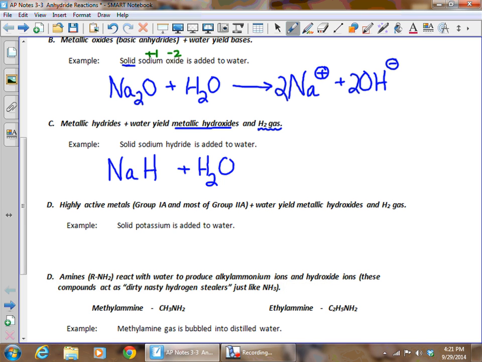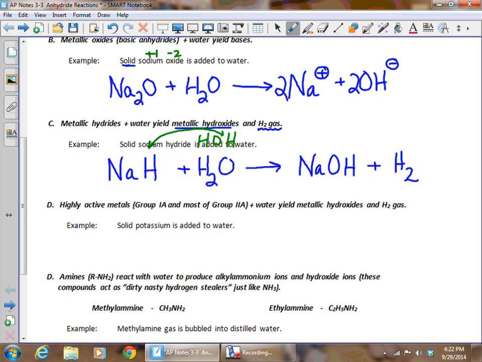Now, again, it's often advantageous to think of this as being HOH, because if you do, you can think of this a little bit like a double replacement reaction where the hydrogen and hydroxide are switching places. Those end elements are switching places. So what we end up with then is the sodium with the hydroxide, and we end up with the hydrogen gas.